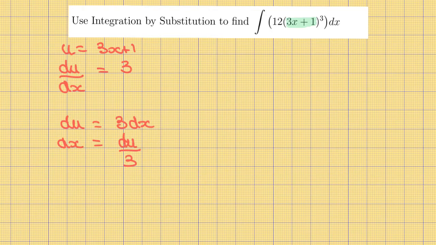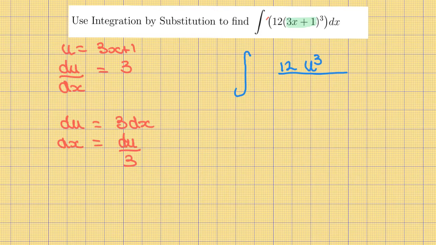Just going back, please note that du over dx is 3. That is not exactly the same as 12, but 12 is a multiple of 3, so that is fine. Now substitute back in, and remember we will have a quotient. So the 12 is still there. 3x plus 1 is now u, so we get u cubed.